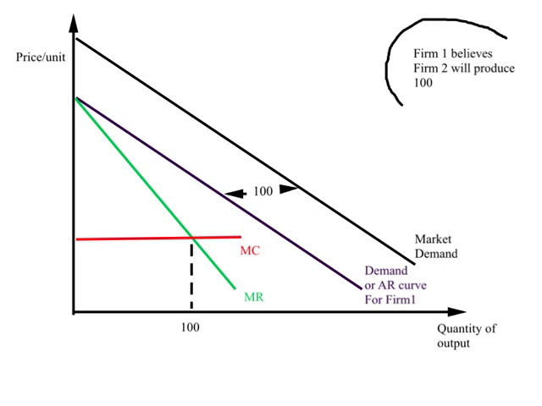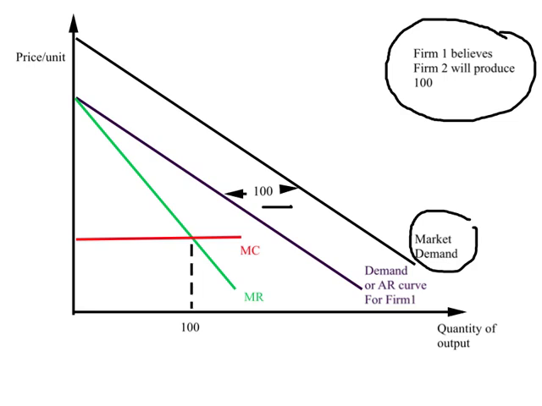Now let us look at another conjecture made by firm 1. Firm 1 believes that firm 2 will produce 100 units of output. Now we have the market demand curve, and what we are trying to figure out is the demand curve for firm 1. Out of the market demand, firm 2 produces 100 units of output.